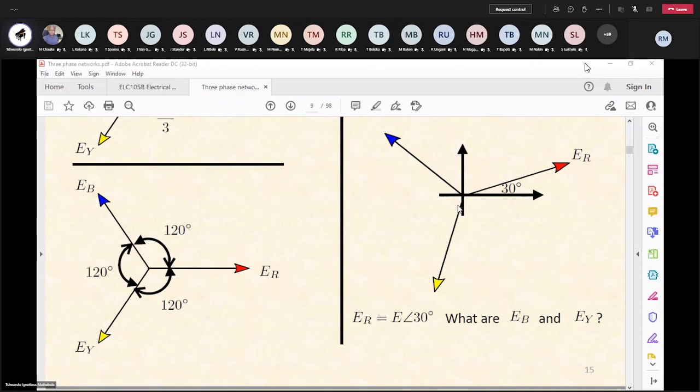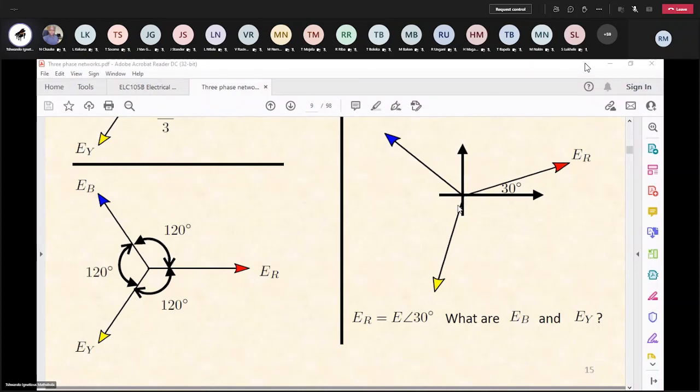ER is our reference, and that's EB. What we know is that ER is simply E angle positive 30 degrees. We know the magnitudes are the same because this is a balanced system.